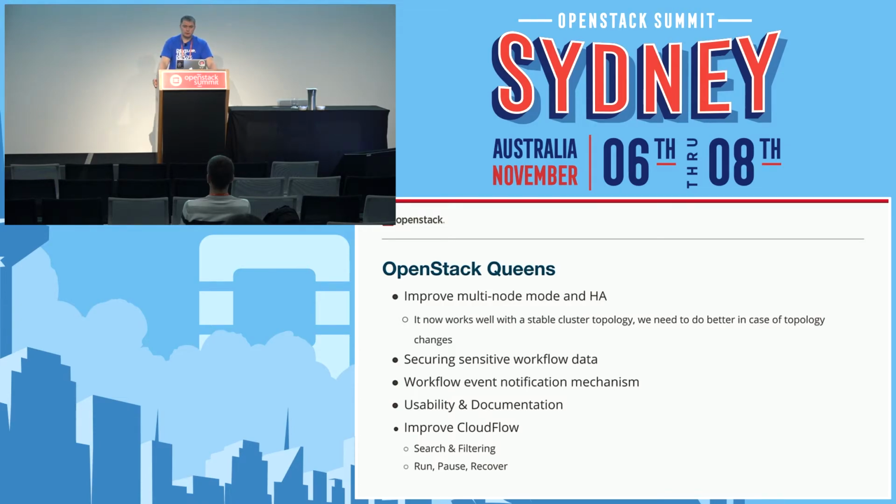One of the big things that we're still missing in terms of functionality is securing sensitive workflow data. What that means is, if, for example, a user needs to design a workflow that uses some data that should not be disclosed, we have a slight problem with that.